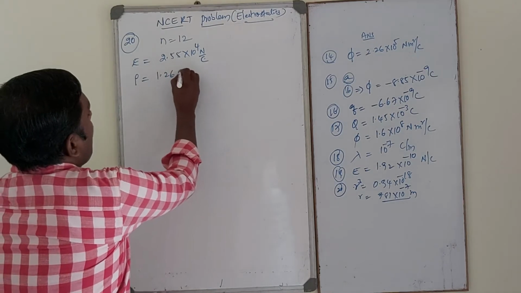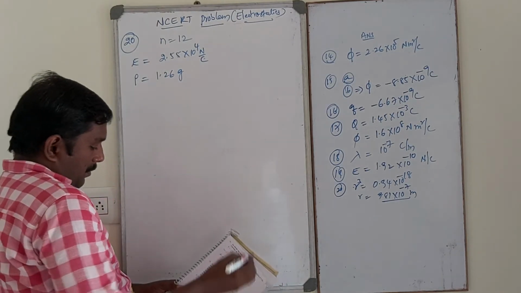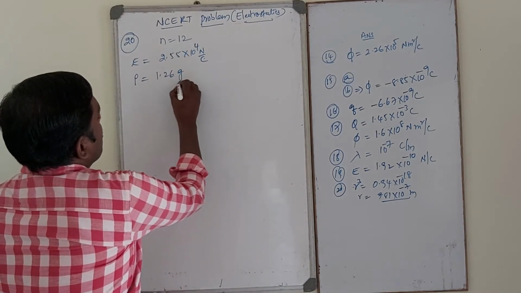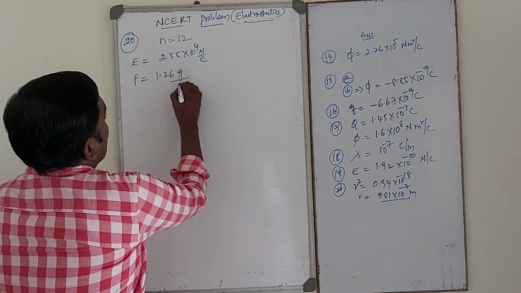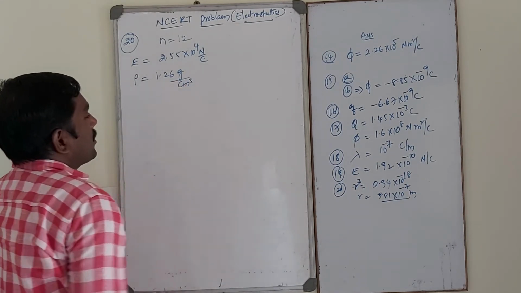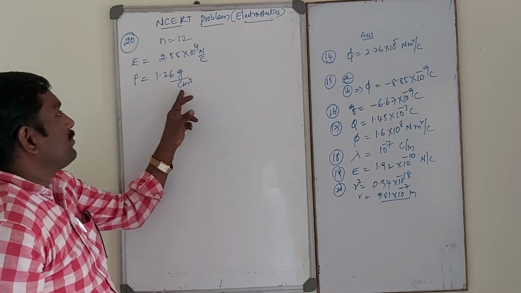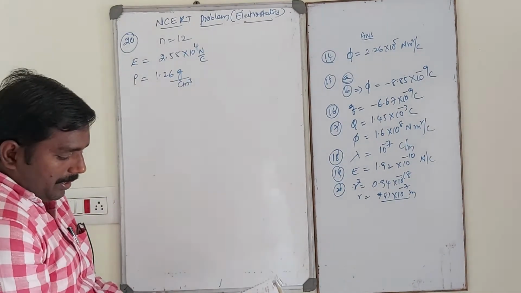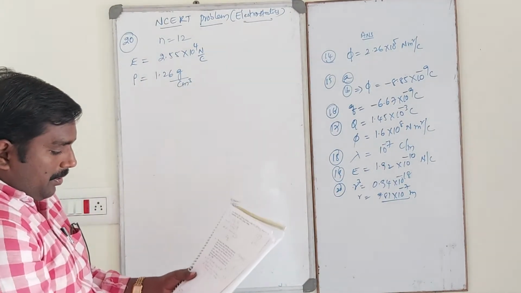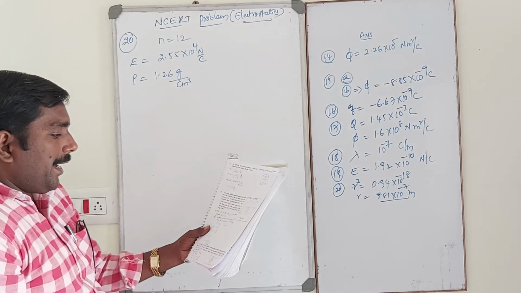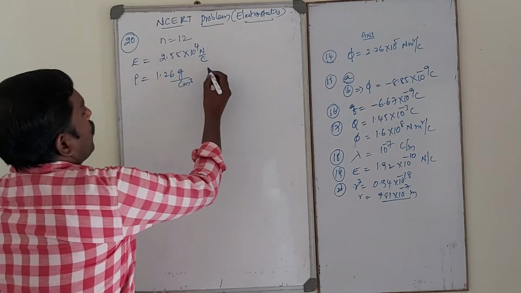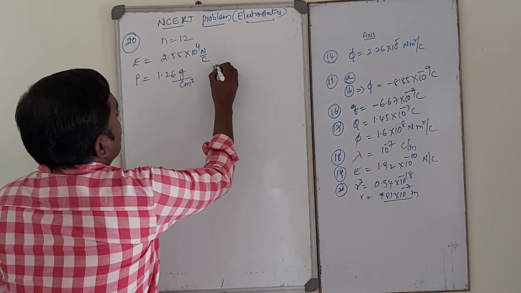1.26 gram per centimeter cube, students. Please remember it, centimeter cube. Okay, estimate the radius of the drop. So we calculate the radius of the drop.